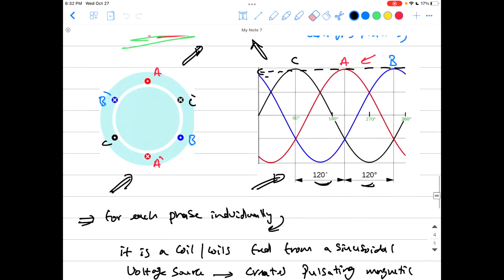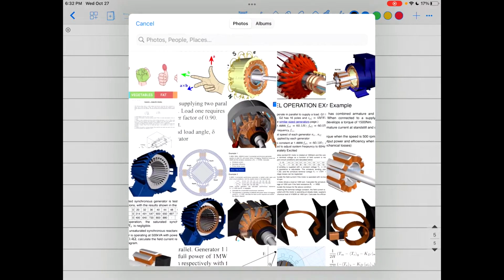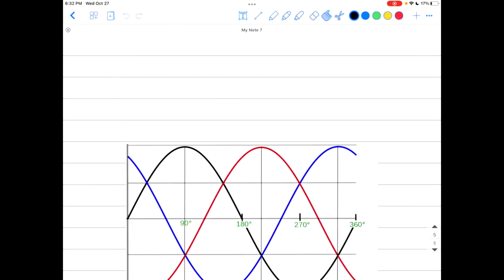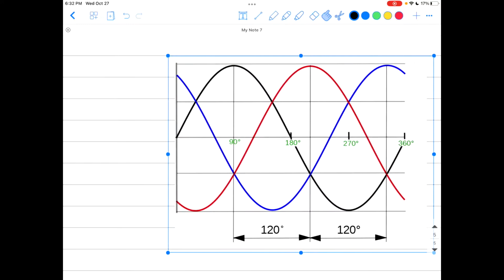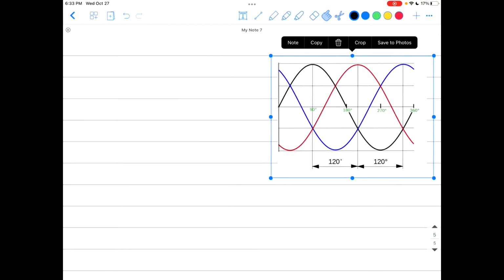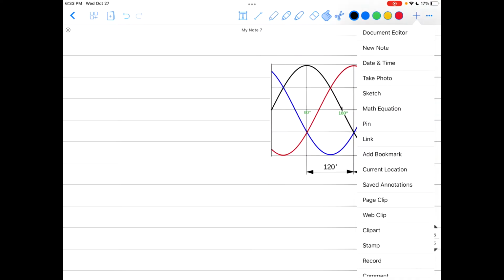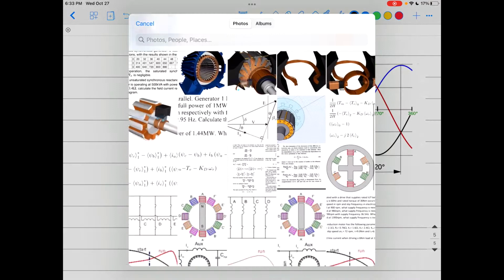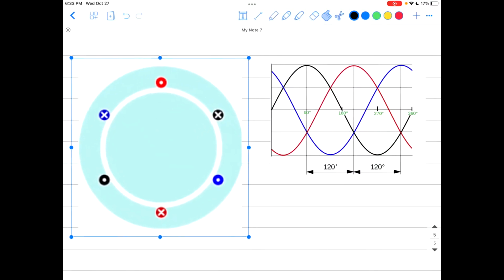So I am taking those two again, okay? I'm getting those three-phase voltages here, and I'm getting my winding distribution.